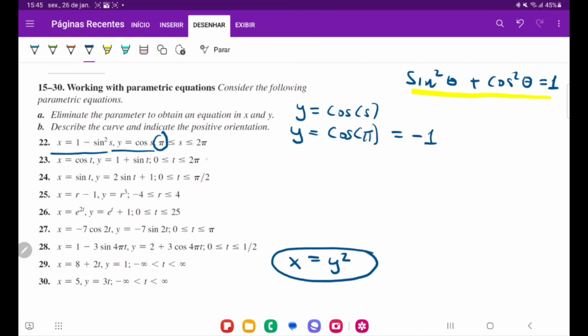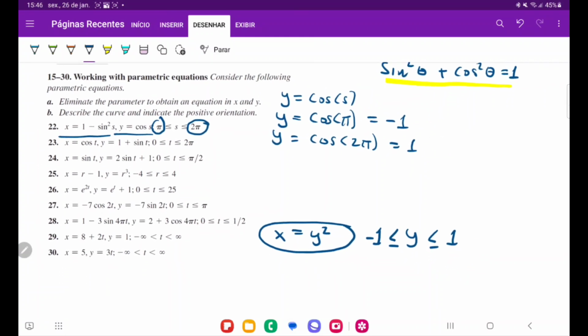That's one of the boundaries. Now let's plug in the upper boundary. y is equal to cosine of 2 pi, which is equal to 1. So if s is bounded between pi and 2 pi, it means that y, which we're now treating as an input, is bounded between negative 1 and 1.